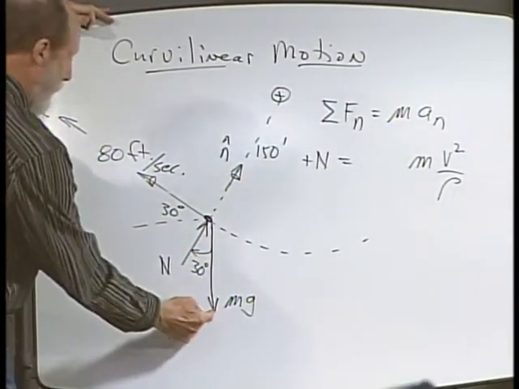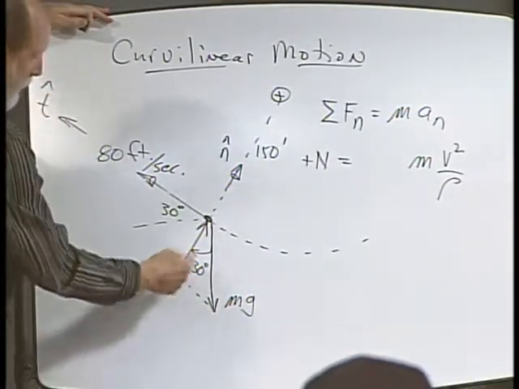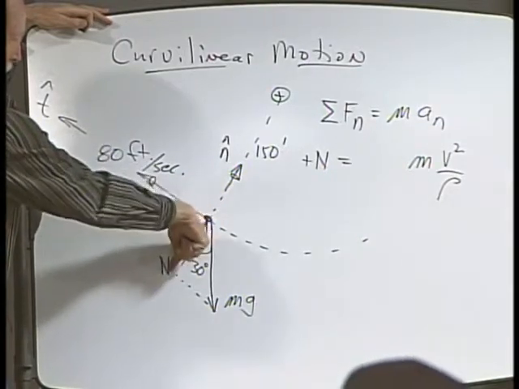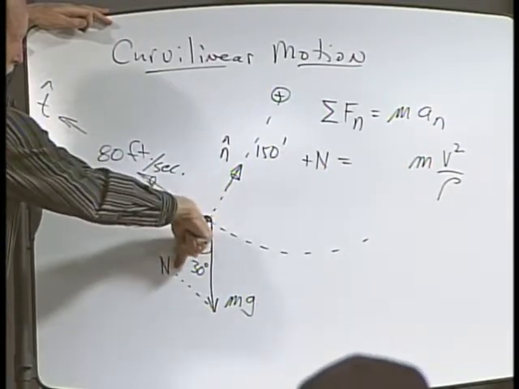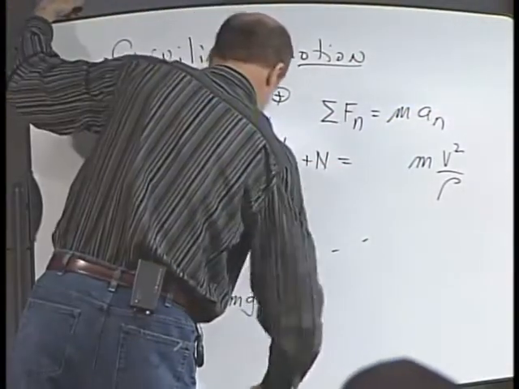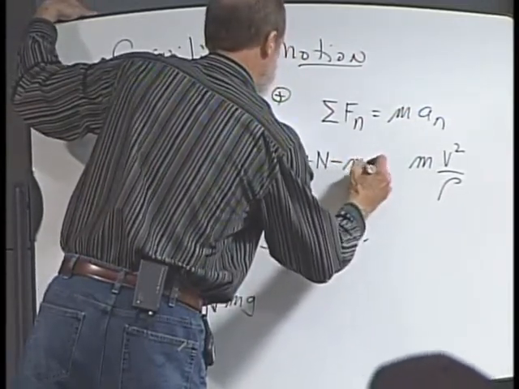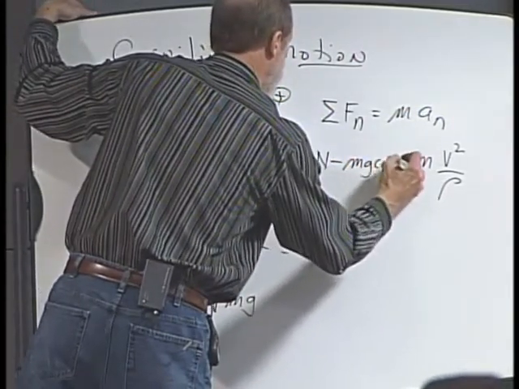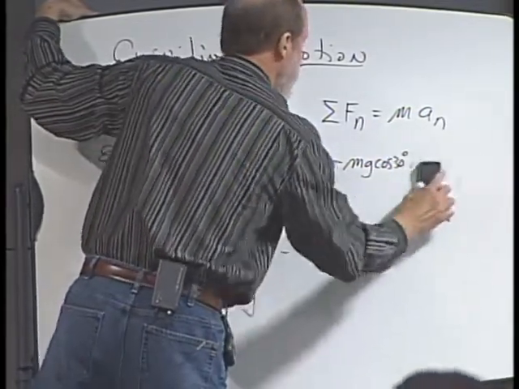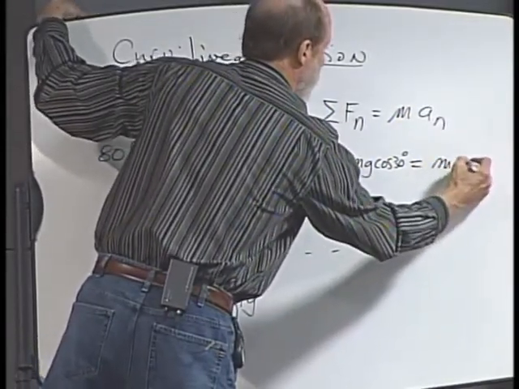So notice that there's a component of the weight that is opposing the normal. mg cosine, the adjacent side of 30 degrees. So we have to include that. That has to equal the mass times the normal acceleration.